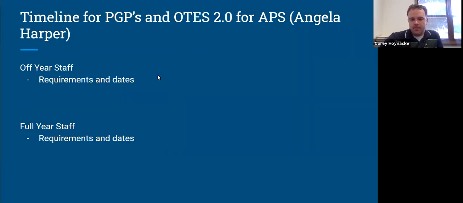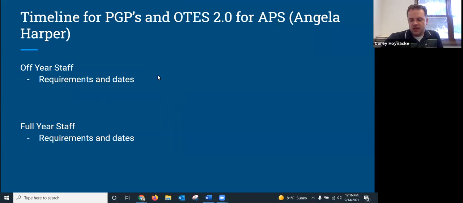Now, Angela Harper, for those who were in the meeting, was able to share some of the requirements and dates, both for those staff that are on the off-year cycle and for the full-year cycle. For the purposes of this presentation, though, the most important thing for you to know is that your teachers' and staff's professional growth plans are due on October 30th.